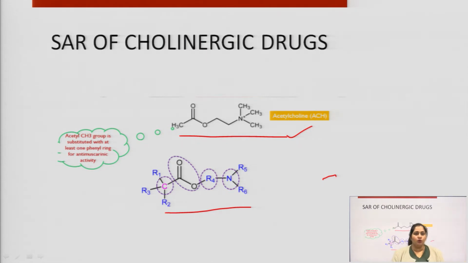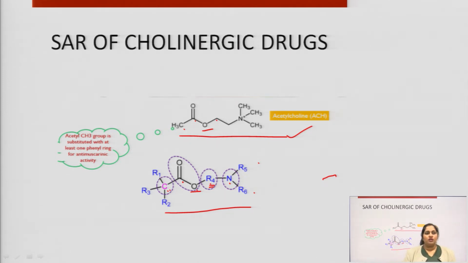We need to mimic the action of acetylcholine, so we keep the basic structure as that of acetylcholine, like the C double bond O, here is oxygen, here is oxygen, here is the ethylene bridge. Any alkyl group can be replaced, and the nitrogen has two different substituents.